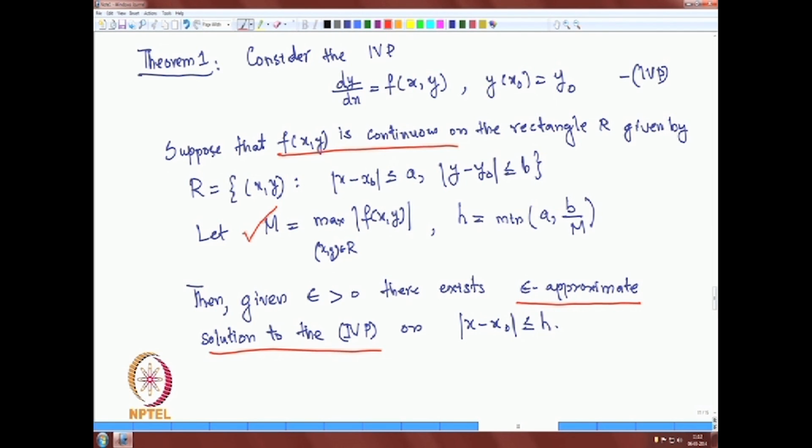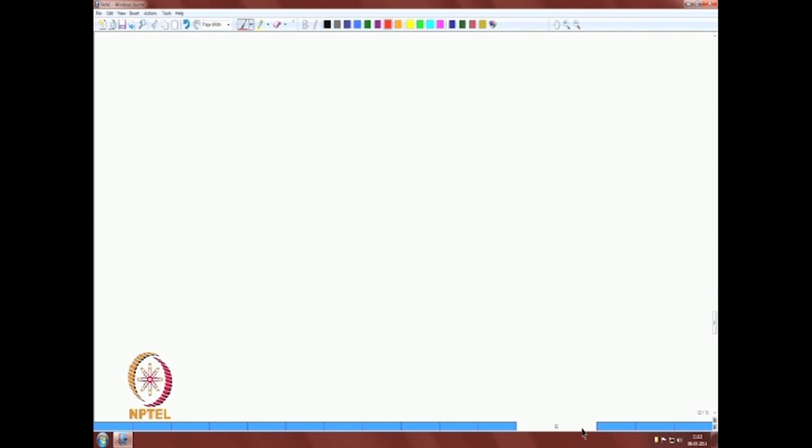The whole idea of the proof of the theorem: let epsilon greater than 0 be given.